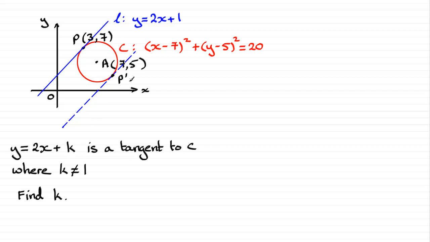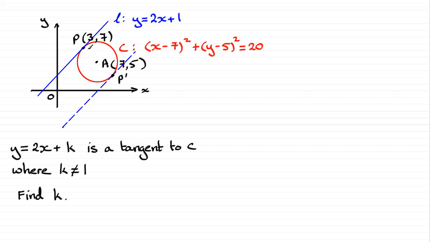But it does rely on us getting the coordinates of P dash. That's very easy, because the displacement from P to A has to be exactly the same as the displacement from A to P dash, because it's the radius of the circle, and P dash lies along that diameter from P through A to P dash.